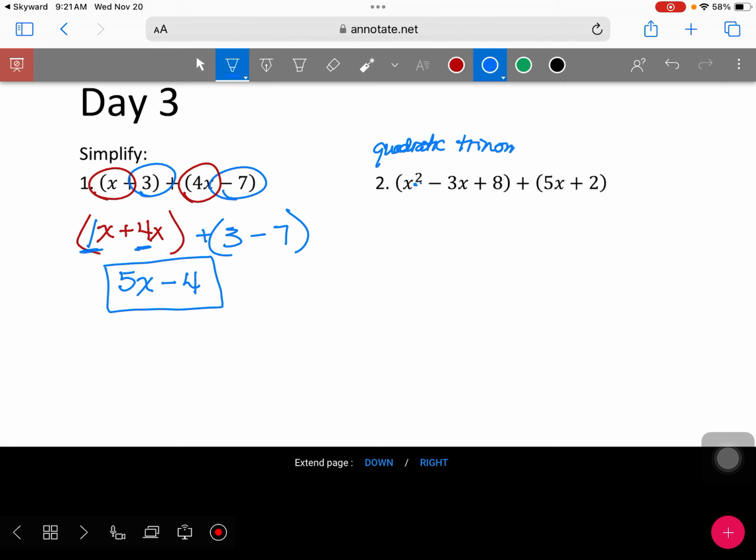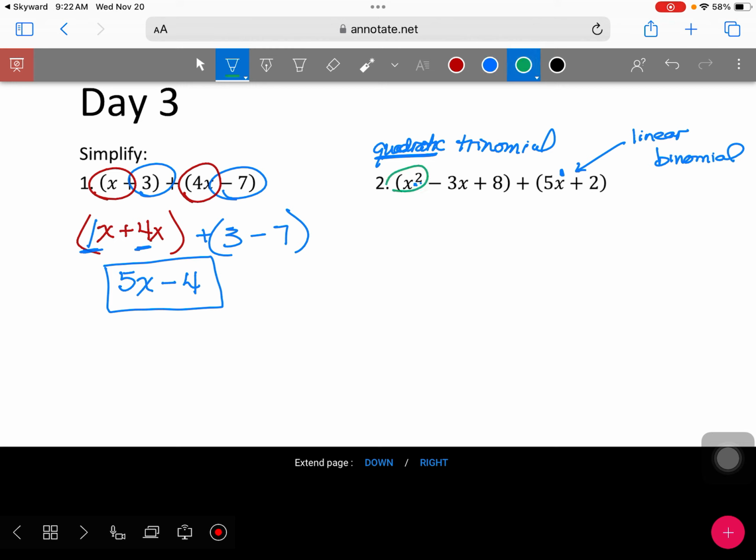This is the fancy word. Quadratic. And we're going to get into quadratics a lot next semester. This would be, because this has a degree for the polynomial of 1, a linear binomial. Okay? All right, but we are just simplifying these.